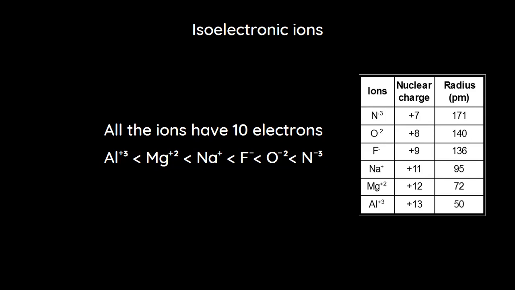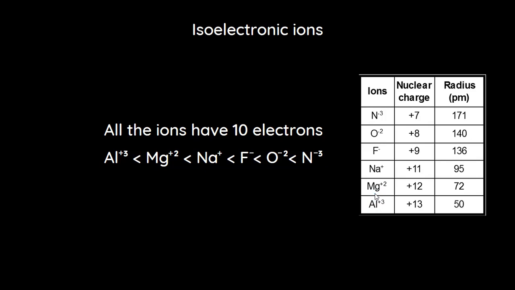Now, if you see their ionic radii, nitrogen has the highest radius, whereas aluminium has the least. So in increasing order, it goes Al+3, Mg+2, Na+, F-, O-2, and N-3. The reason there is a difference in the radius is, first of all, that some of these are anions and some are cations.